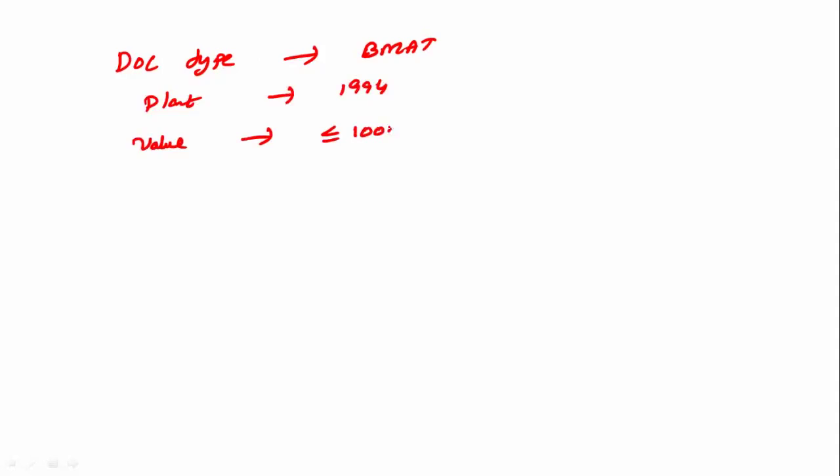My business is telling whenever the document type is BMAT, the plant is 1994, and the value is, I have more values, for example, less than or equal to 1000, less than or equal to 10,000, less than or equal to 1 lakh, less than or equal to 10 lakhs.